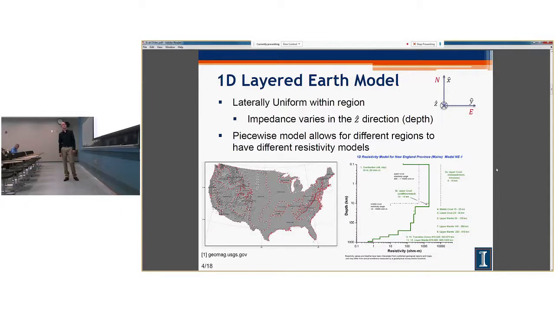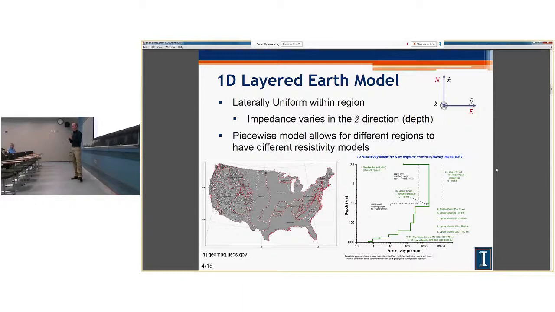All right. So these are the models that we've been getting from the USGS, the Geological Survey. They're 1D layered Earth models. What that means is the Earth's conductivity changes as a function of depth, but not horizontally.